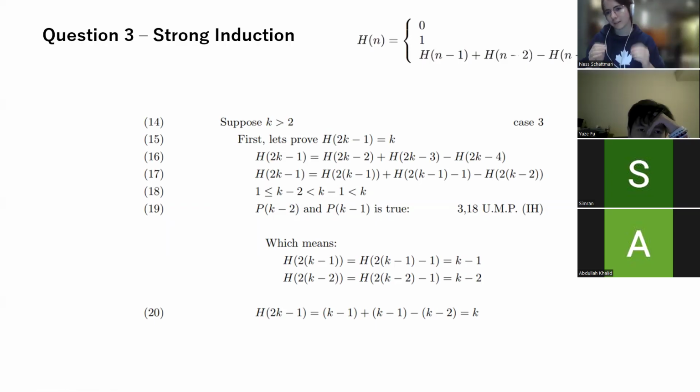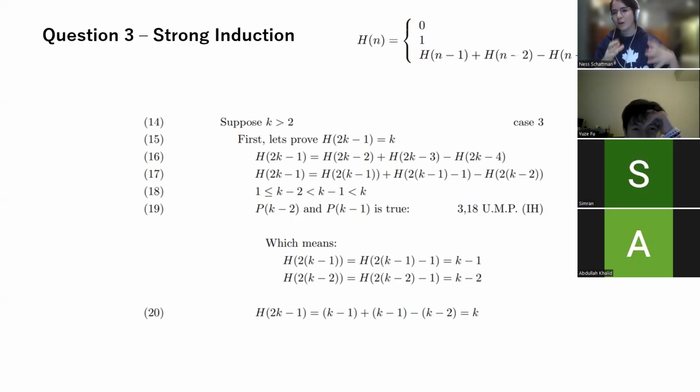The reason that's important is we want to make this look like our induction hypothesis, right? If we look at this first term, h of 2k minus 2 is equal to h of 2 times k minus 1. And since k minus 1 is less than k, that means it's covered under our induction hypothesis cases, right?